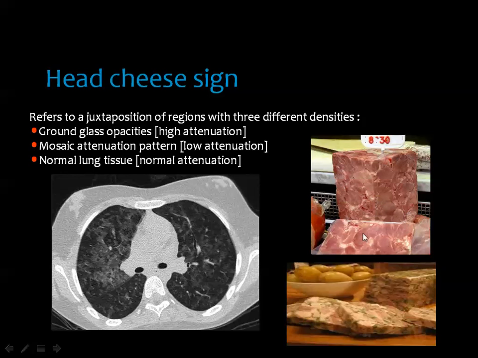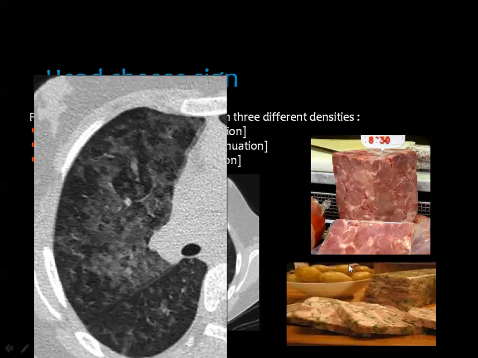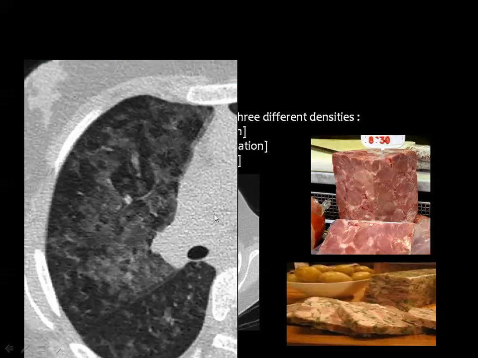The similarity between both is that here you can see three different colors, and also in the lung you can see three different colors. Those are the areas of ground glass pattern, the areas of air trap, and the areas of normal lung. And you may feel that there is some similarity between both.